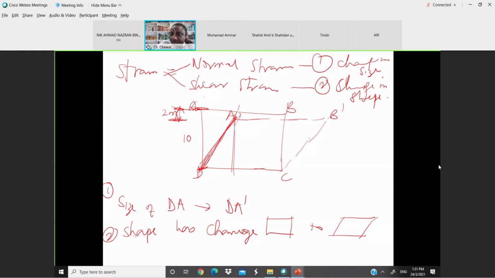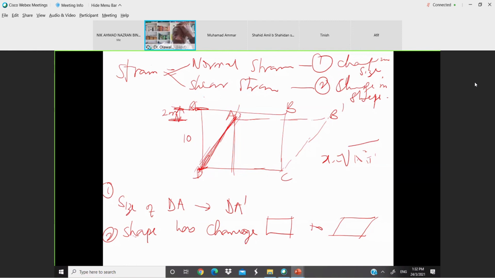But you can find out from here to here using Pythagoras. X is equal to the square root of this squared, though this is the hypotenuse, this is the adjacent, so it's 10 squared plus 2 squared or thereabout. So what I'm trying to say is your size has changed here.